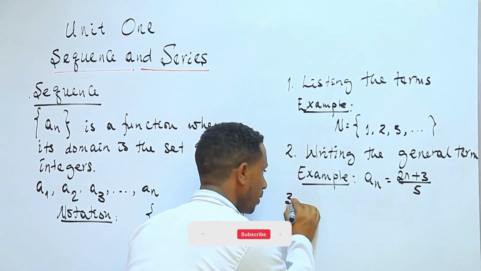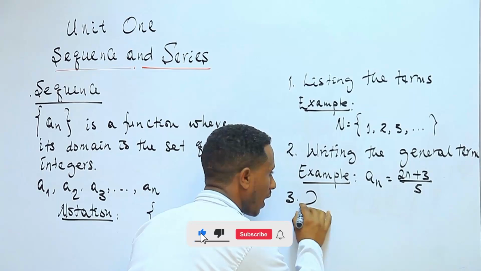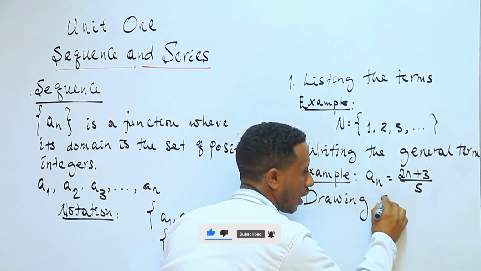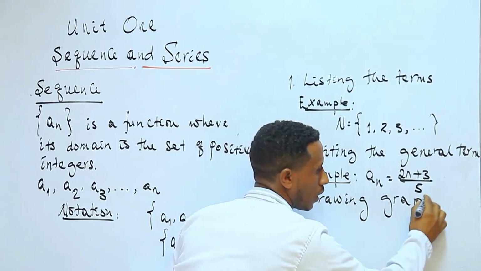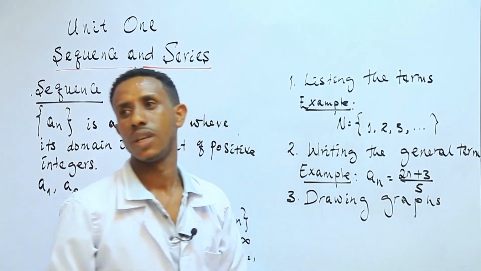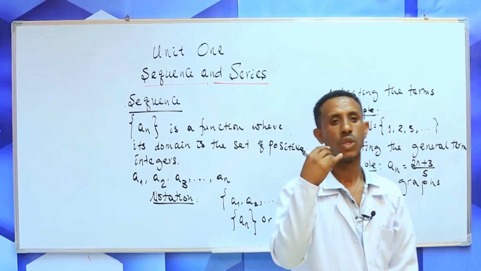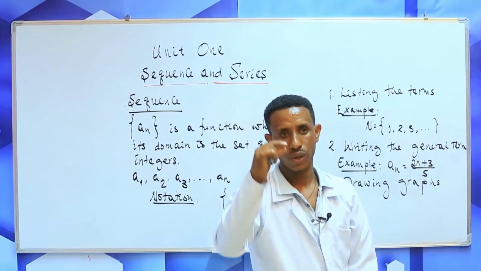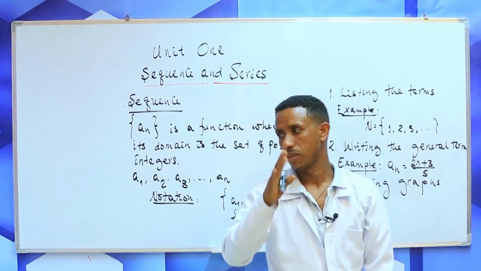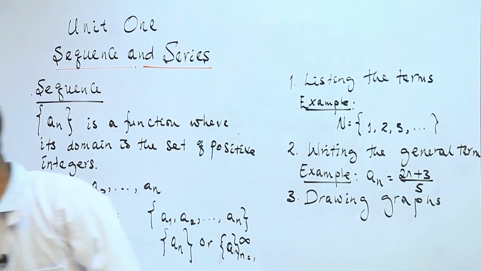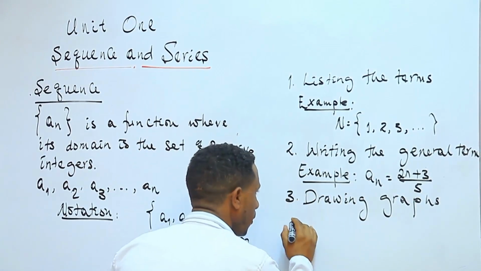The third one is by drawing graphs. You can plot a graph that describes the given sequence by plotting the points of the relation in a given plane. The fourth one is by recurrence relation.